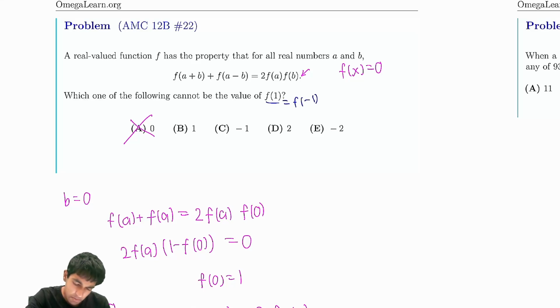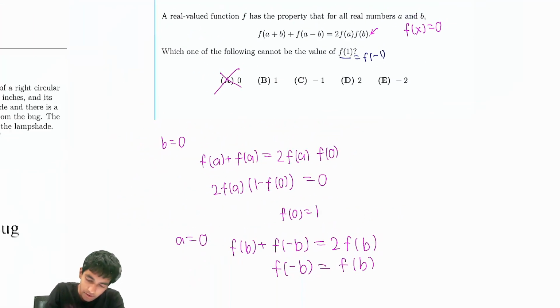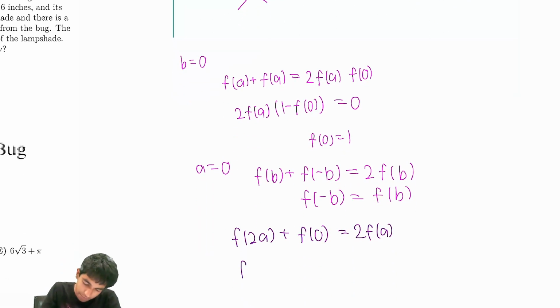What about if we make a minus b 0? So let's plug in a equals b. Now we have f of 2a plus f of 0 equals 2 f of a, and then f of 0 is just 1, so f of 2a plus 1 is 2 times f of a.